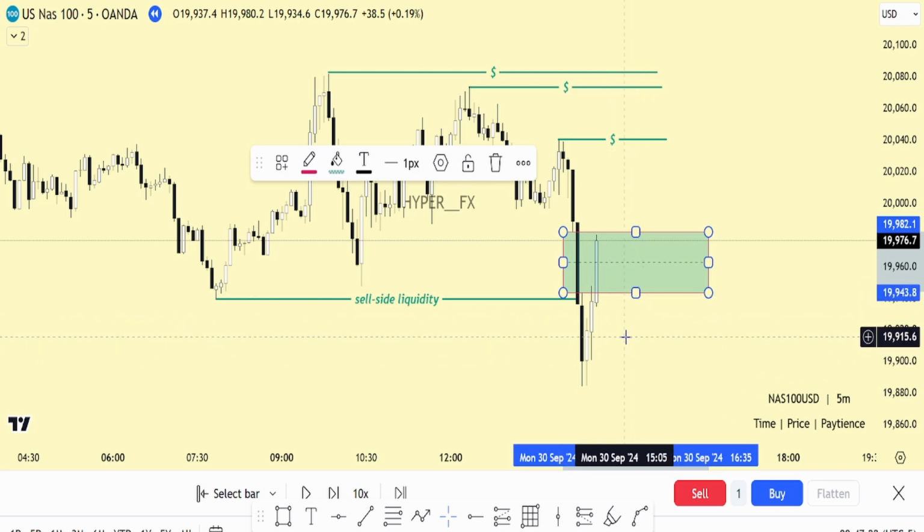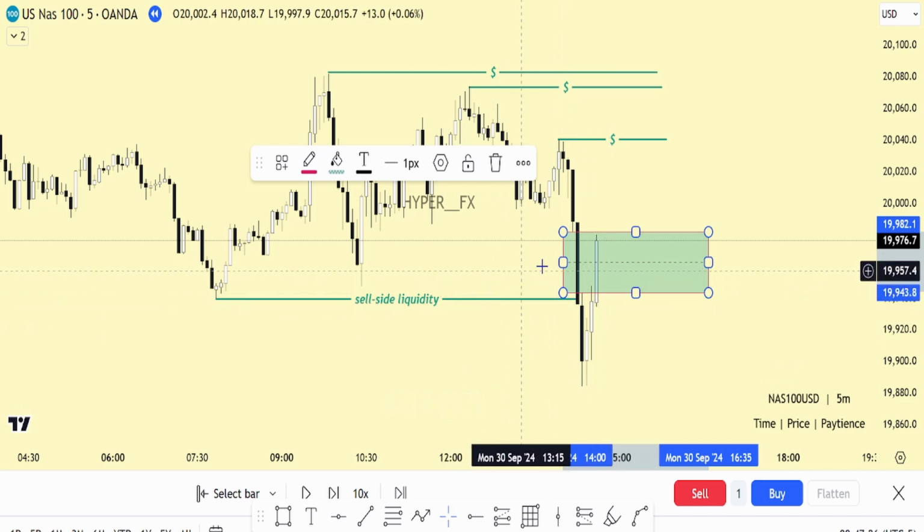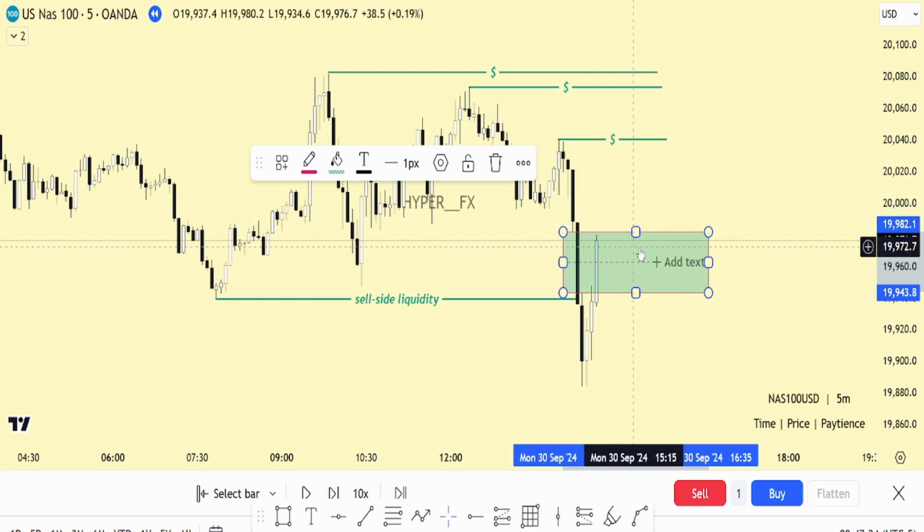Now, in a scenario whereby price did not send price down, but rather allowed a candle to close above this high, it is no longer a fair value gap.